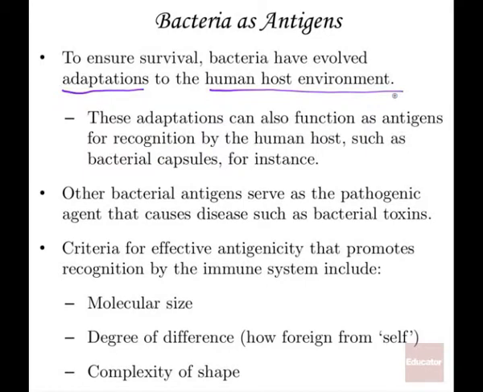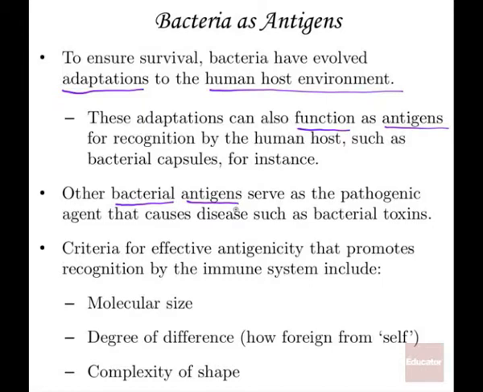Now, these adaptations can also function as antigens. And then, of course, these antigens are recognized by the human host, and an immune attack is launched against them. Now, some other bacterial antigens are actually the pathogenic agent by which disease is caused.